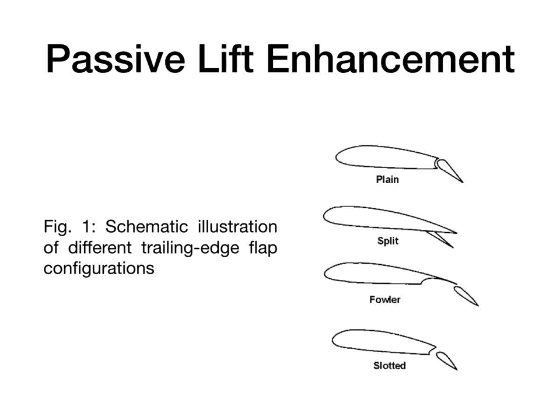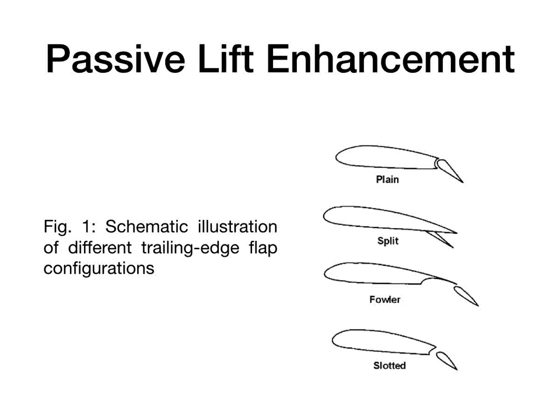A slotted flap is essentially a plain flap with the addition of a slot at the hinge point to allow high pressure air from the lower side of the airfoil to pass over the upper surface of the flap.